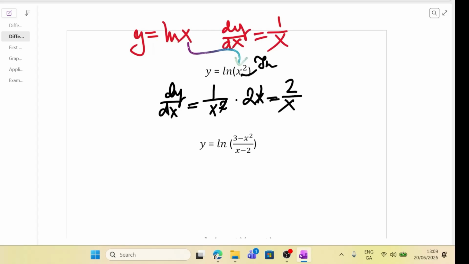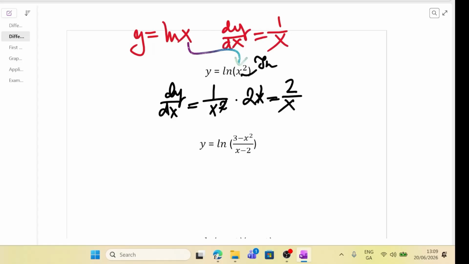Now, for the next one, you can see that I have natural log of something like this. So it looks like I need to use the chain rule and quotient rule, which is way too much for me and for anyone who does the Leaving Cert exam. So let's use some rules of logarithms here to simplify this question.